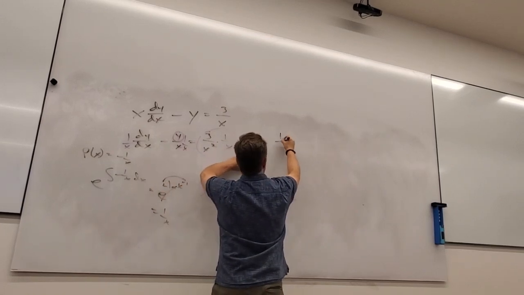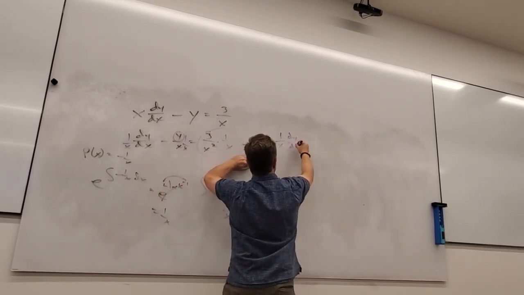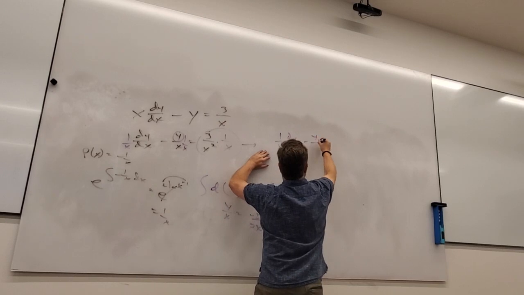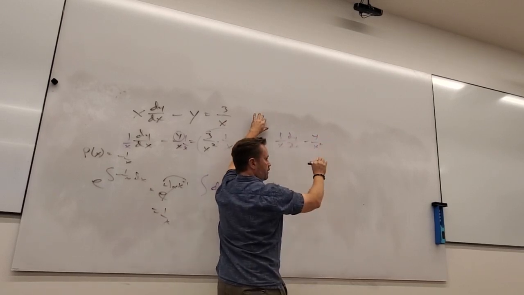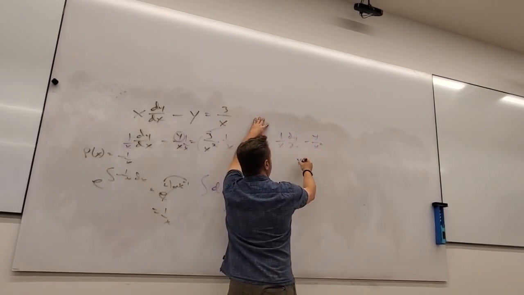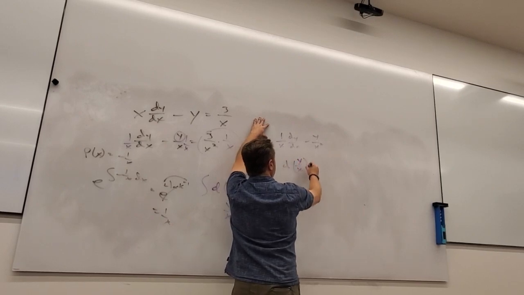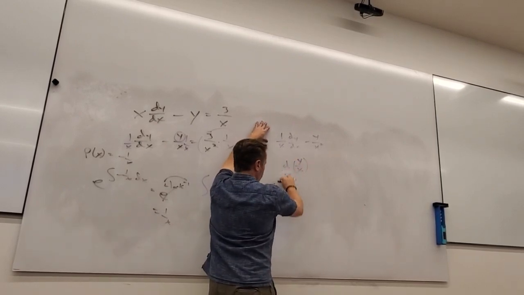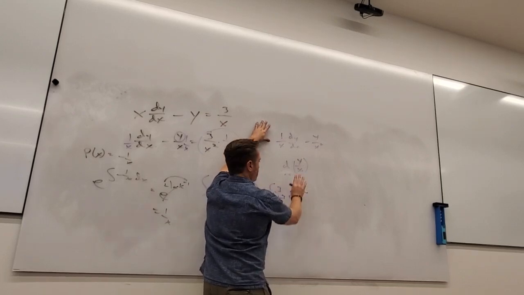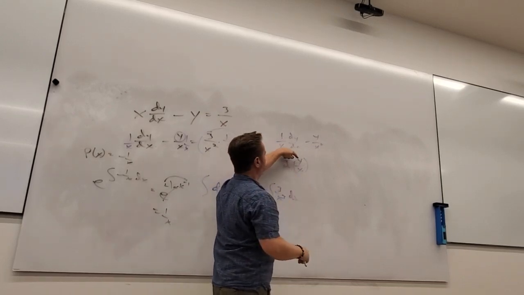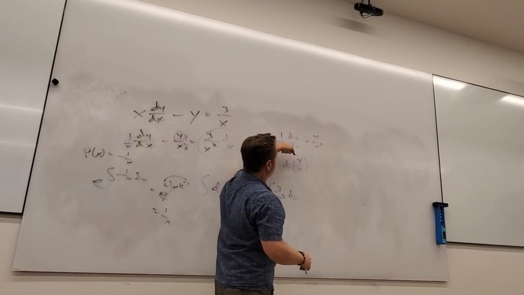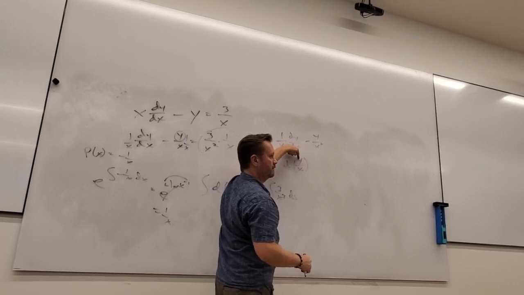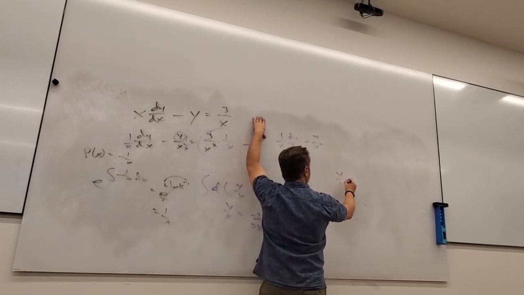This will be 1 over x dy dx minus y over x squared. Now real quick, if I had y over x and I took its derivative, by the way it would be d by dx, but I could move dx over here. Is that cool? If I took this guy's derivative, wouldn't it be 1 over x dy dx?